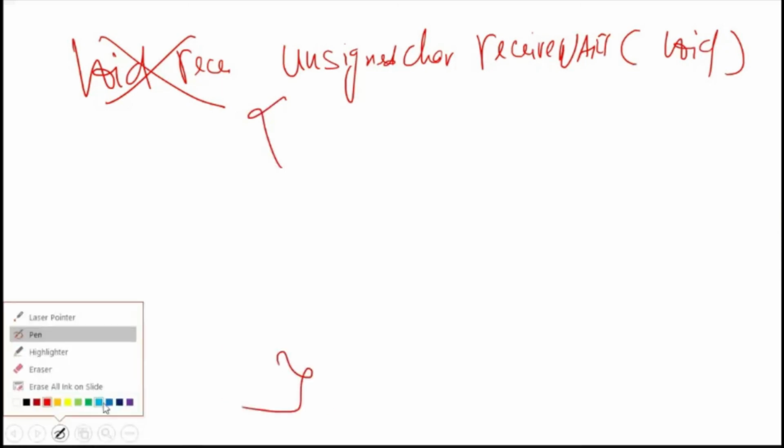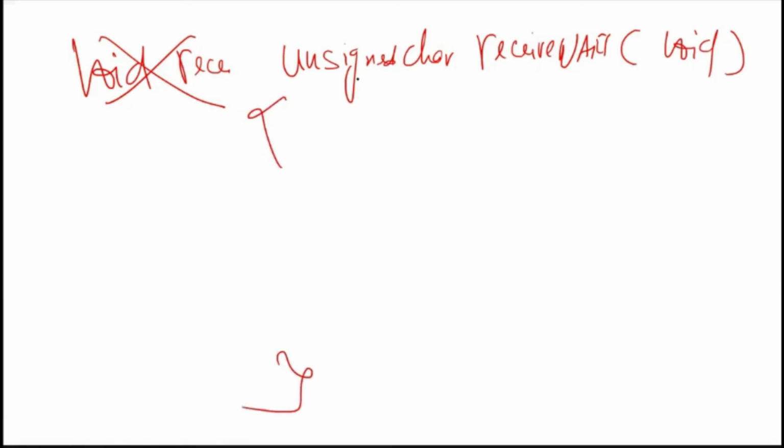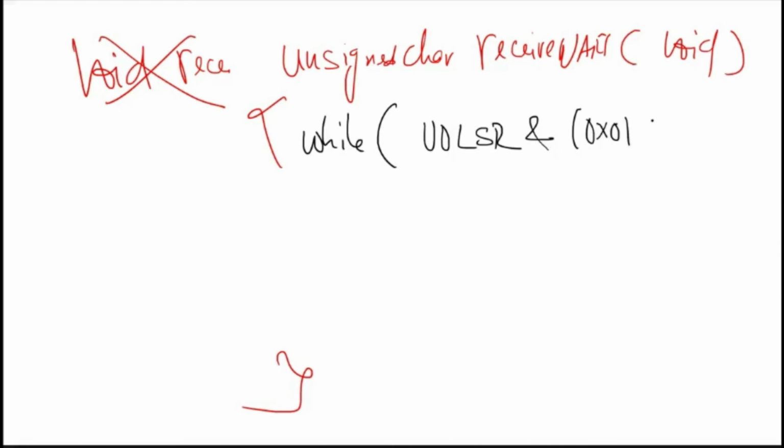In that case, how do I write the function? First, we have to wait for the receive data ready flag to be a 1. While UART0 line status register bitwise AND of hexadecimal 01 left shifted by 0 times, because we are checking the 0th bit. The 0th bit is the receive data ready flag. So if this results in a 0, I keep waiting here.